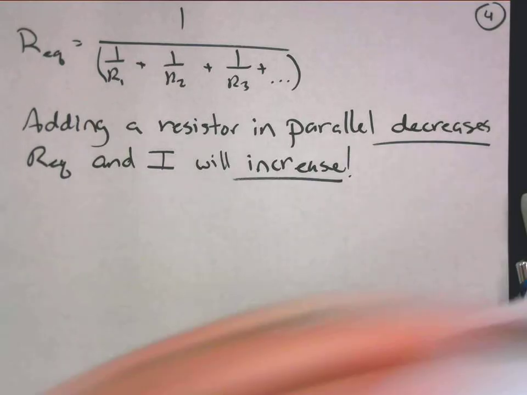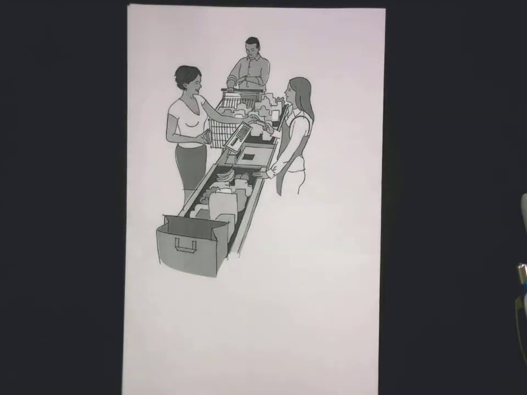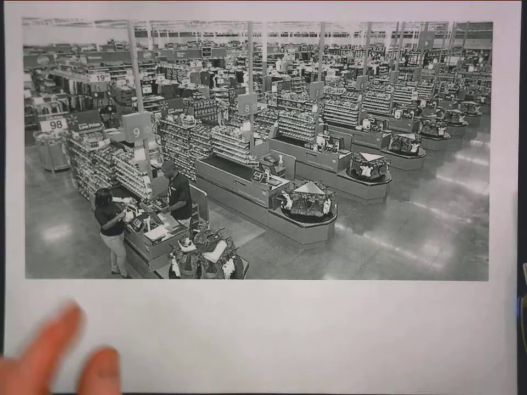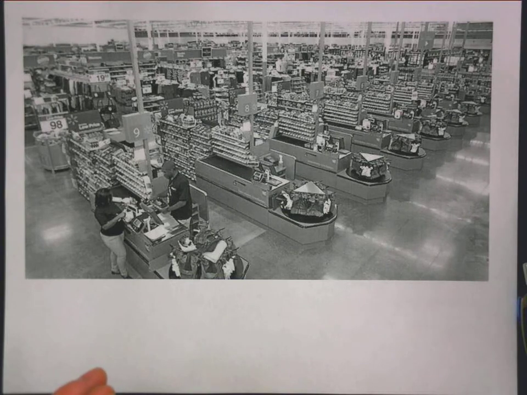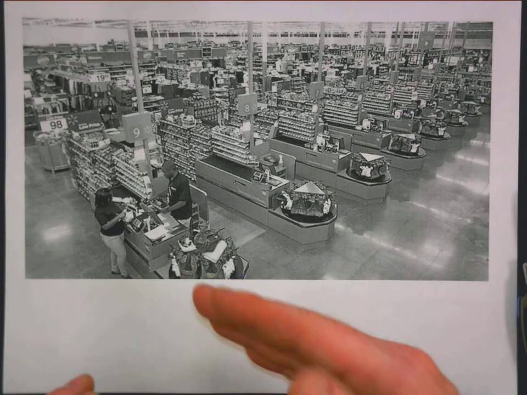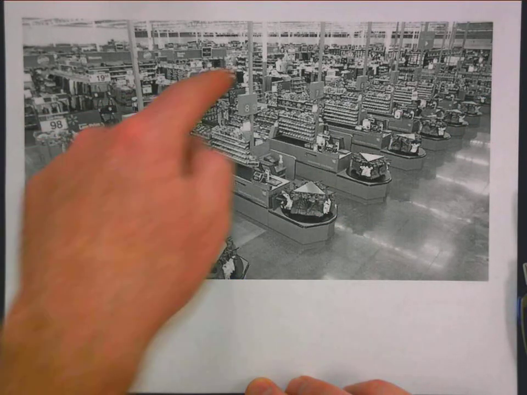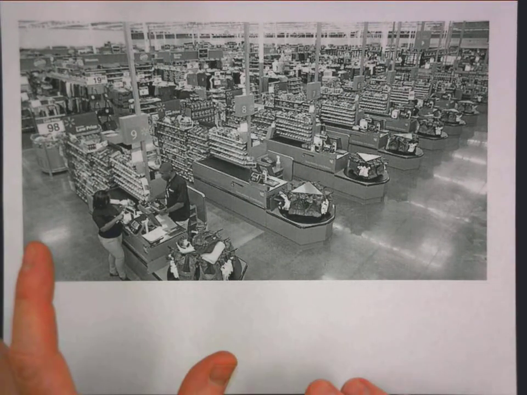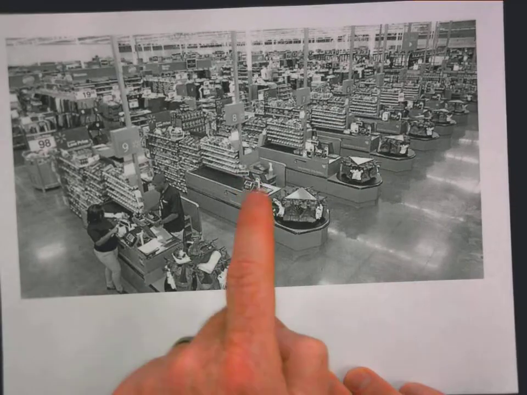What is that like? You ever go grocery shopping? You go to a store and they have all these checkout lanes, and only one of them is working. And the line for that checkout lane is wrapping around the store, and people are eating their food while they're waiting in line. It's ridiculous. What do they do to make their customers happy? They open another checkout lane.